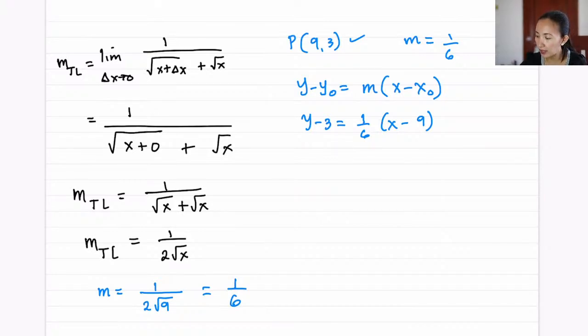Simplifying this, you'll get 6y minus 18 is equal to x minus 9, which is x minus 6y plus 9 equals 0, correct? So, in the general form, x minus 6y plus 9 equals 0.